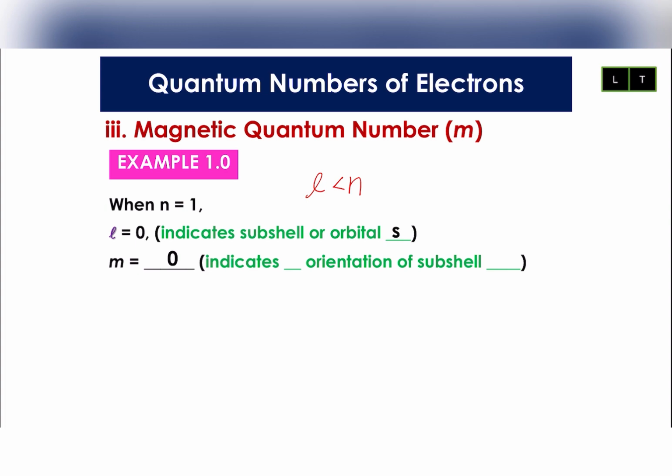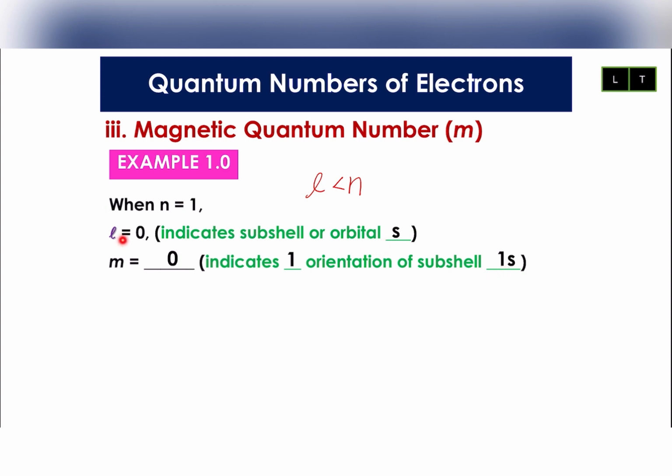This is what I have to indicate that only one orientation because only one value for M, and the subshell is 1s. This is because you have n is 1 and you have the shape of orbital is s based on L value.